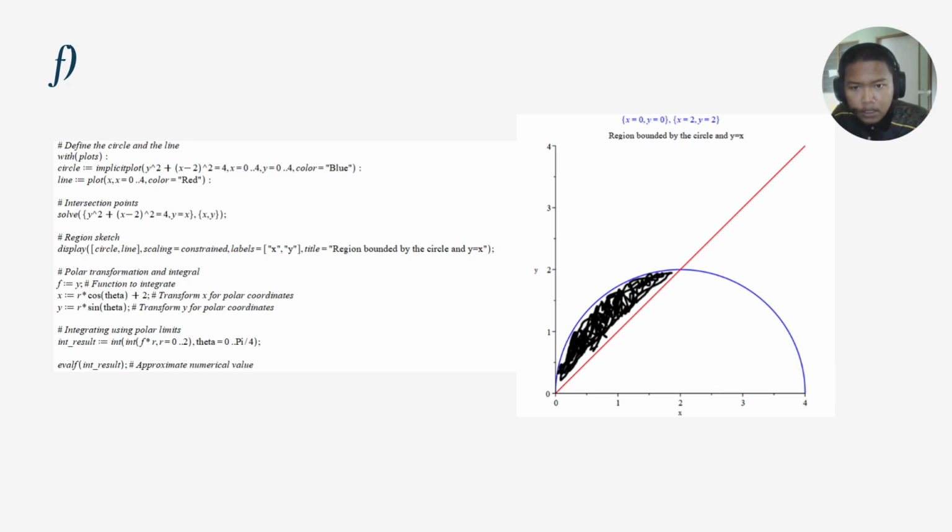And the second one is the intersection point. The third one is the region sketch. This region I do by manual because I can't get the shaded region, so I just do it manually.